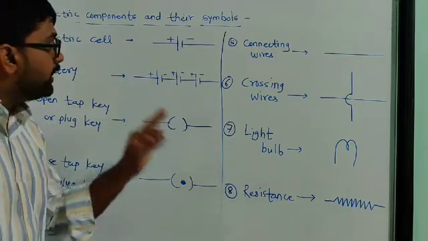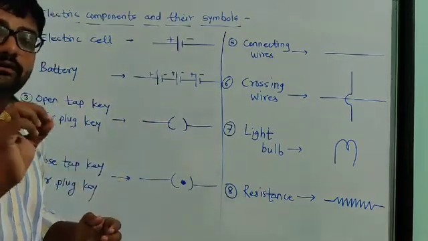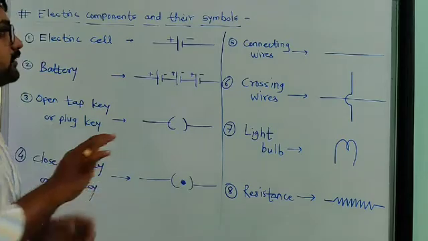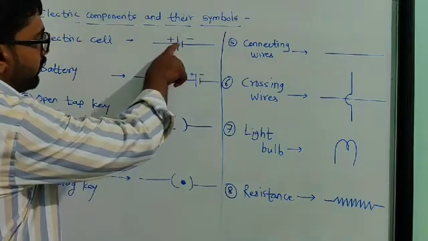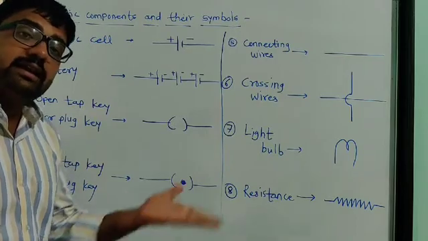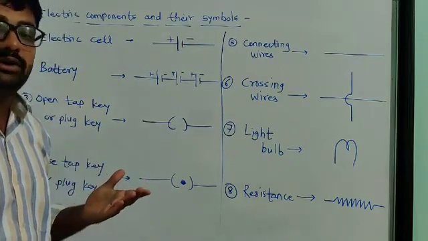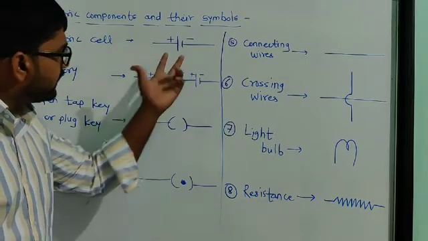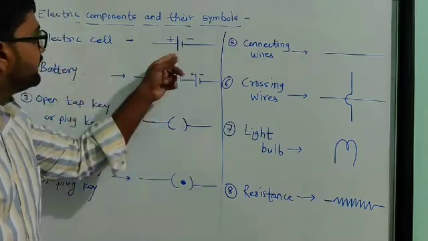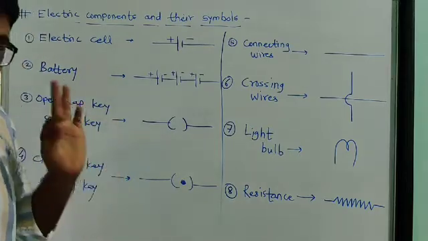This is the positive terminal of the cell, this is the negative terminal. Positive means higher electrical potential and negative means lower electric potential. So that is the symbol and use of an electric cell: to provide potential difference.